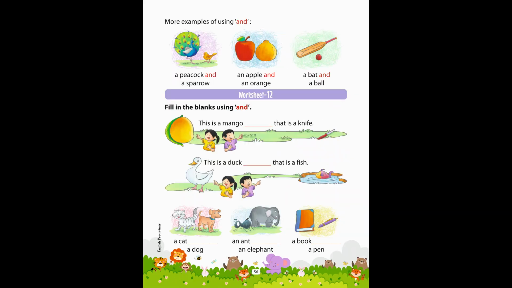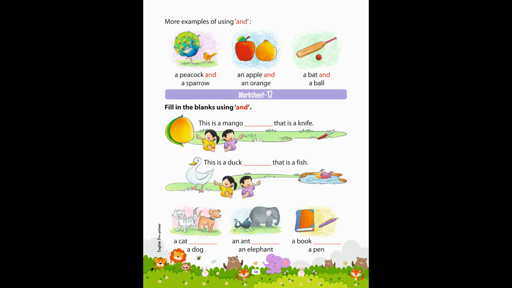Today, we will practice how to use the word and. And helps us join two words or two things. Let's read the examples. A peacock and a sparrow, an apple and an orange, a bat and a bowl. Can you hear the word that joins them? Yes, it's and. Now let's do the worksheet together.